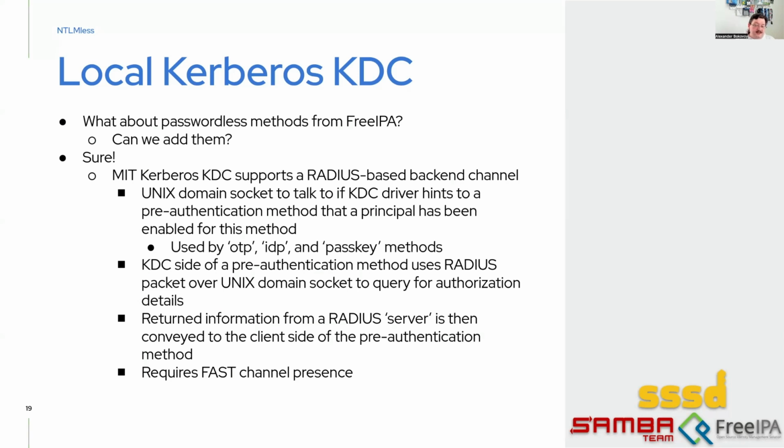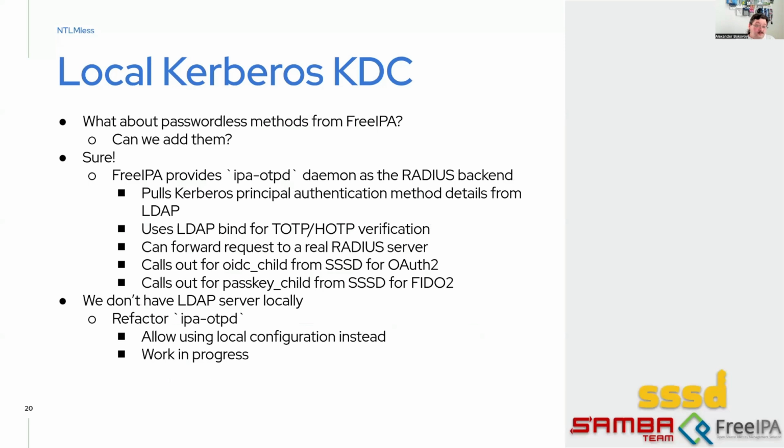The only thing is this daemon is looking up data in the LDAP server that FreeIPA provides. So all we need is to basically refactor this daemon to use local configuration instead, or maybe use something like passdb to pick up the information that otherwise is stored in LDAP.